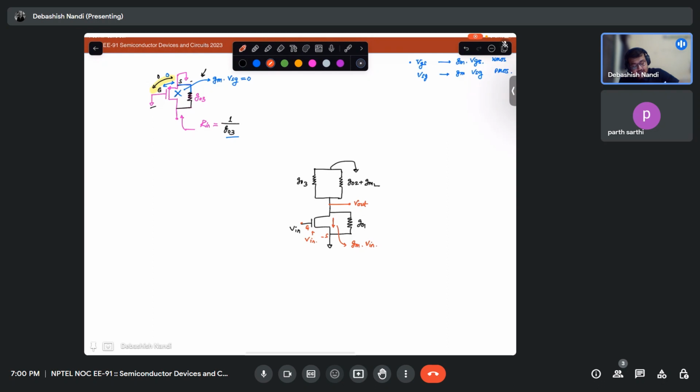There is another current, V out into GO1, and together they equal the total current. The total current would be minus V out into the parallel combination of all of these: gm2 plus GO2 plus GO3.